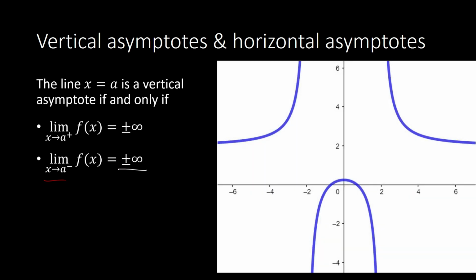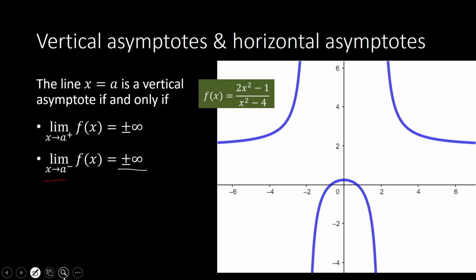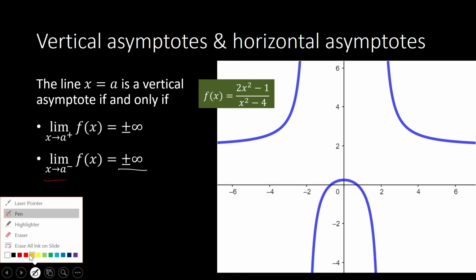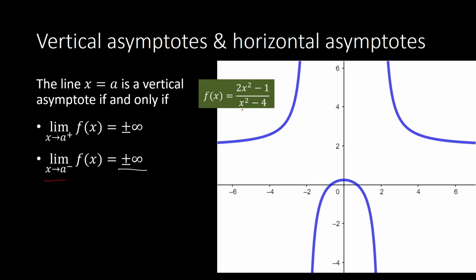And we see a lot of vertical asymptotes in rational functions and also in circular functions. Can you still recall your tangent functions, your secant and your cosecant? So in this function, which is defined by this, we know that this is going to be undefined when x is equal to negative 2 or when x is equal to 2.